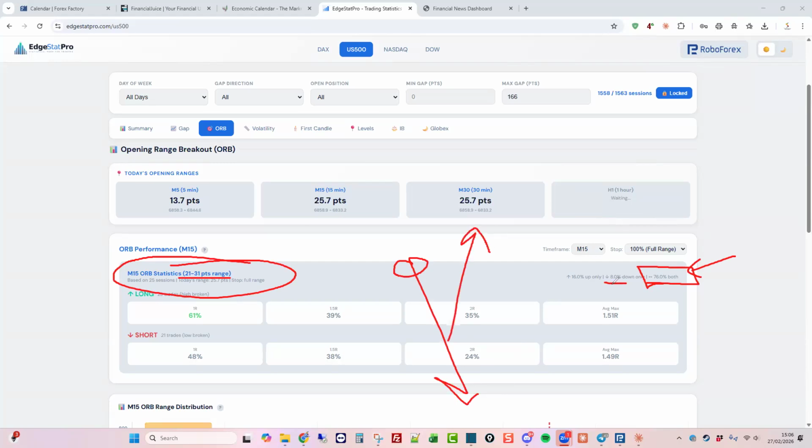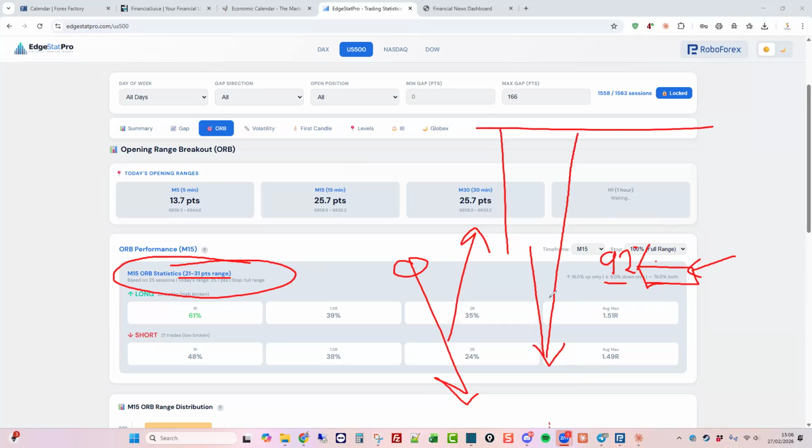So what that tells us is there is a 92% probability that if after that 15 minutes the market continues in that direction, it will revert back, because only 8% of the time does it continue and never come back.